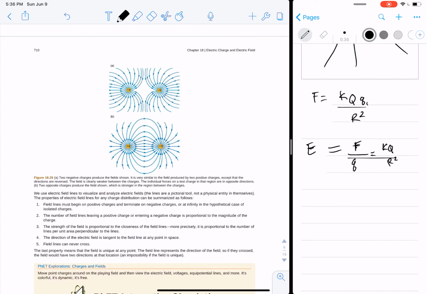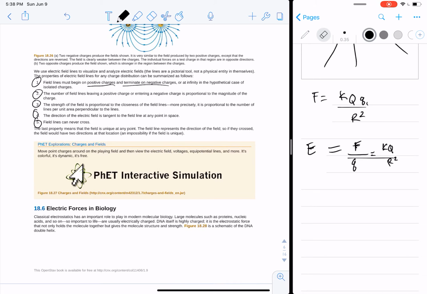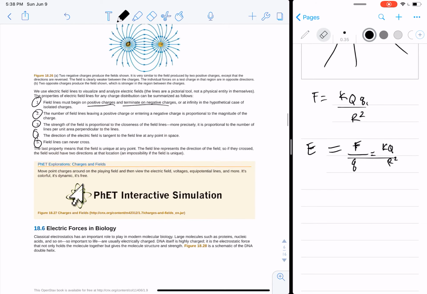So number 2 and number 3 are related to just a rule about drawing them. There's no set-in-stone way to draw these. If you just want to describe the strength, then you can draw two with different numbers of lines and densities to represent the different charges. Number 4, the direction of the electric field is tangent to the field line at any point in space.